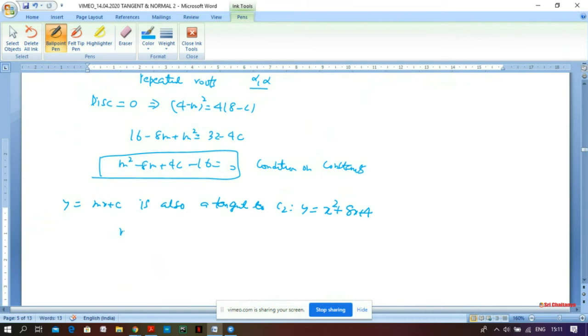It means that mx plus c equals x square plus 8x plus 4. This also should have equal roots. So let's arrange them. X square plus (8 minus m)x plus (4 minus c) equal to 0.